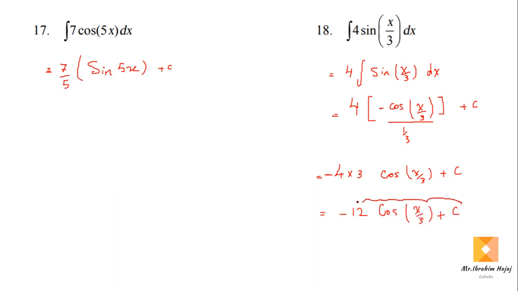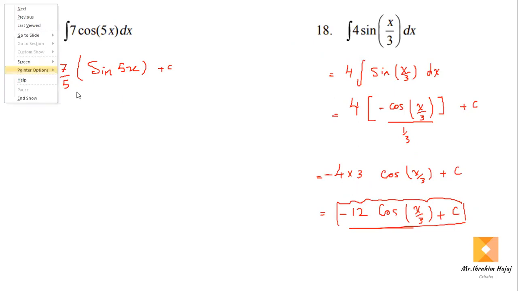Could you explain it again? I didn't understand it. The 4 is a constant. The integral of sine x over 3 dx: the integral of sine is negative cosine of the angle, it's a rule. Then divide by the coefficient of x.